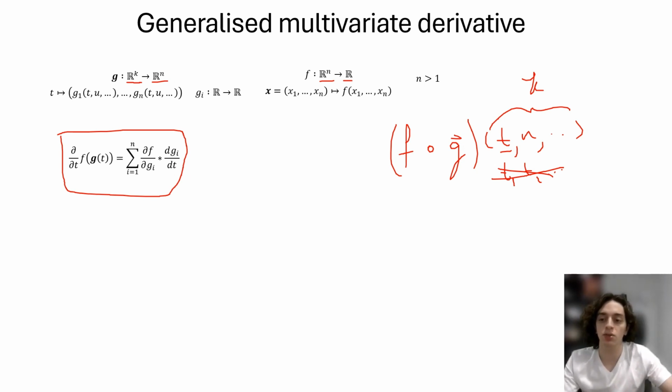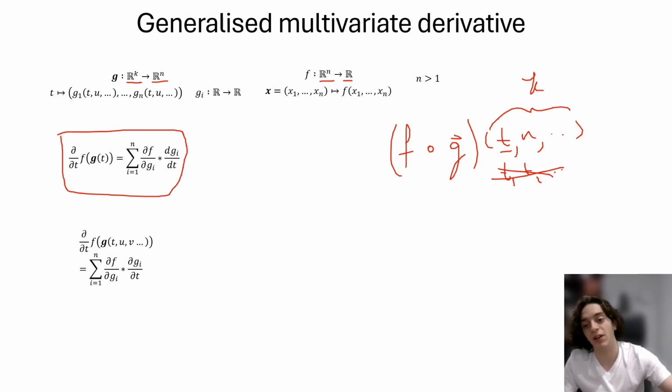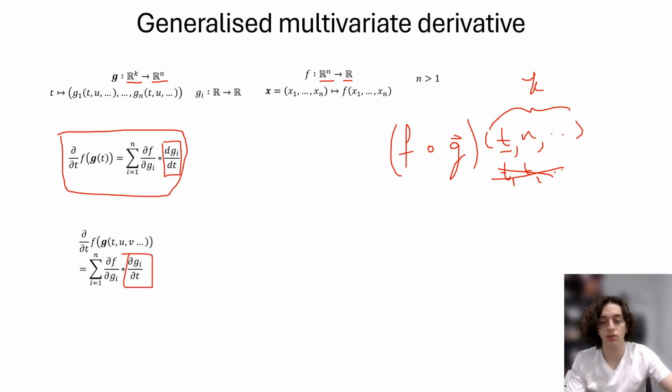What we have is the partial with respect to t of f composed with g is this gnarly sum over here. What changes between this and the more general multivariate case? Absolutely nothing at all, except the fact that this dg dt becomes a partial instead, and it's going to be evaluated at t, u, v, whatever inputs you're putting into this composed function.